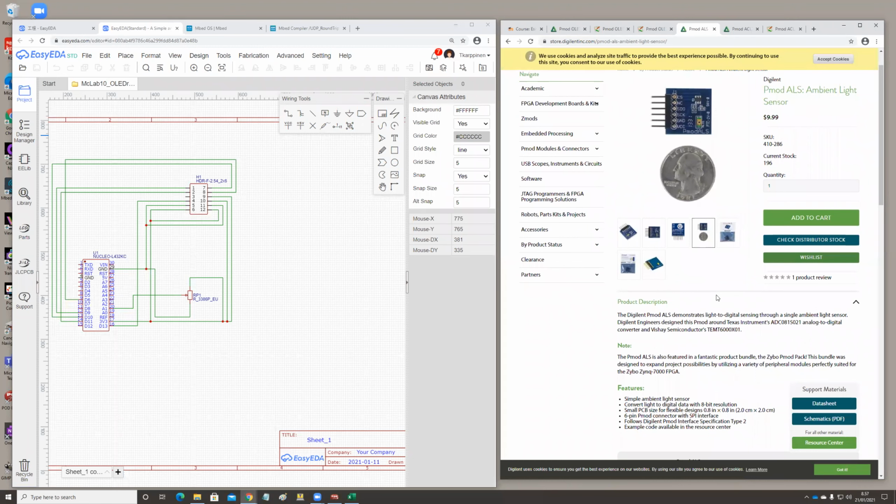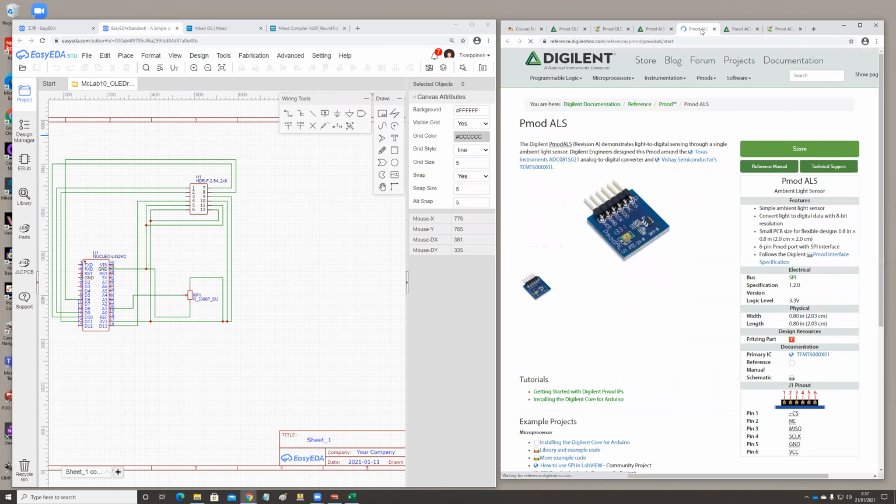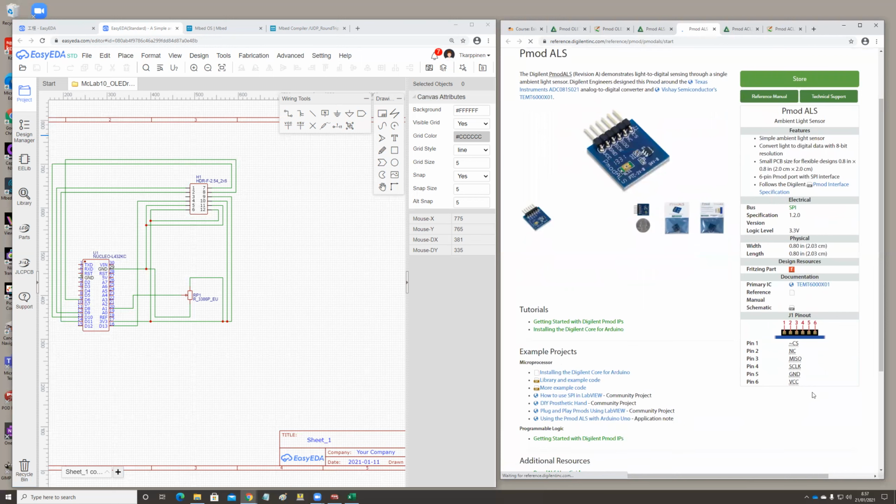And also from that one, there is a more detailed description. And in the detailed description, there is again the description of the pins.